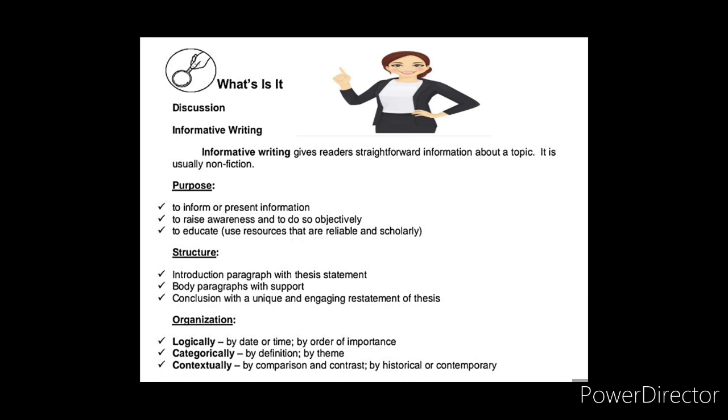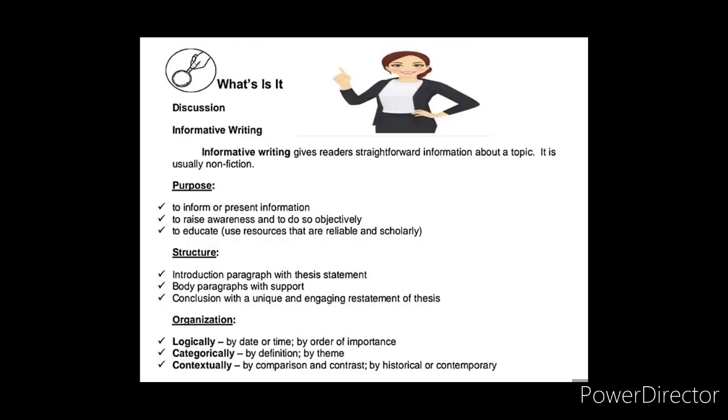Okay, so it just gives readers straightforward information about a topic. So from the word inform, it just gives pieces of information. It is usually non-fiction because it is more on factual or real scenario or statement. So there are 3 purposes of informative writing.